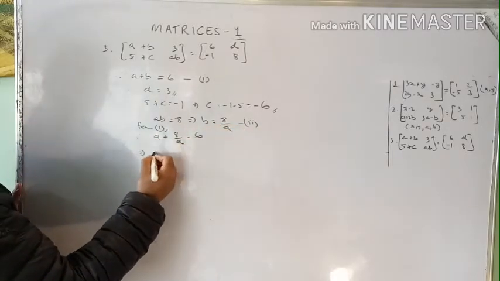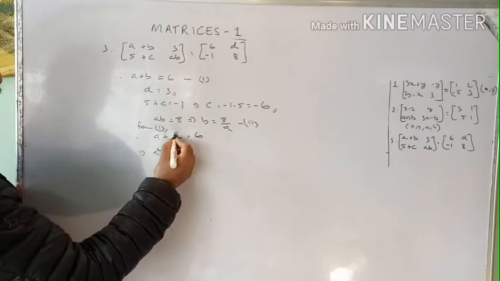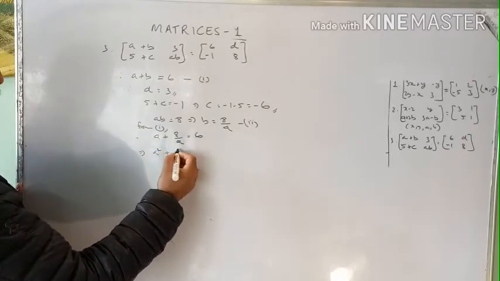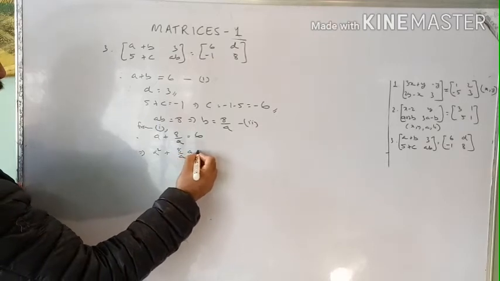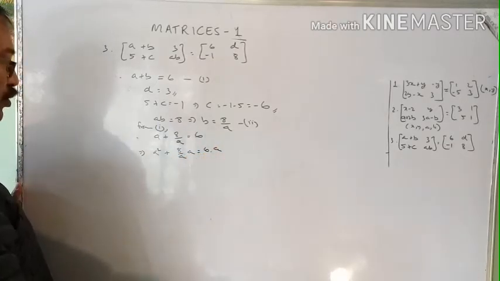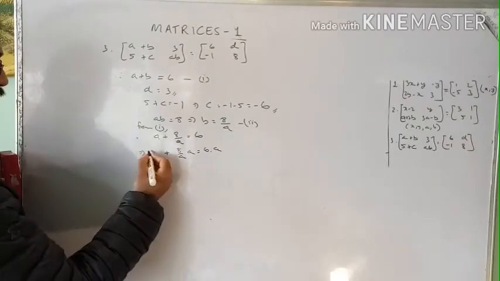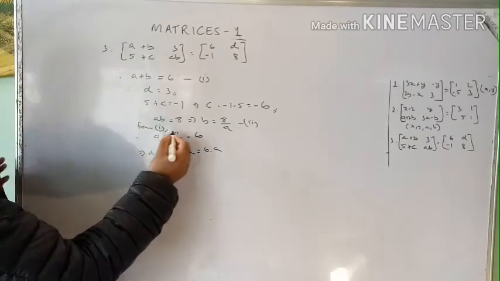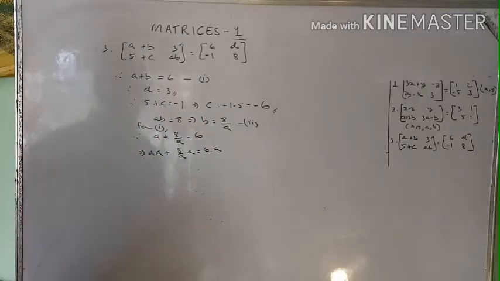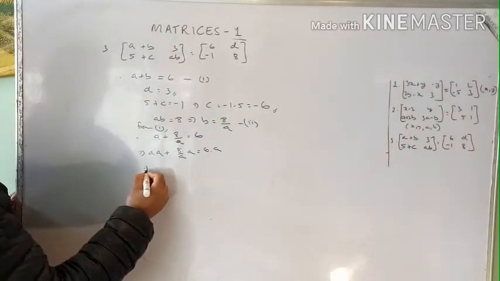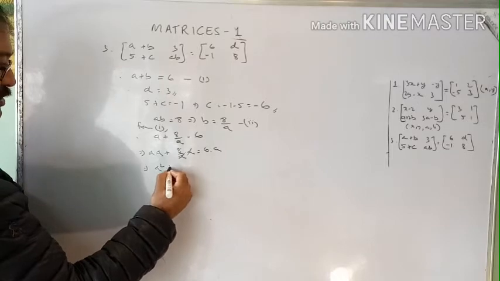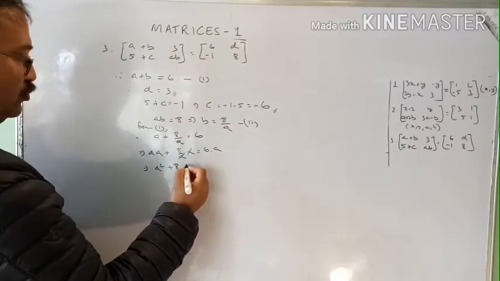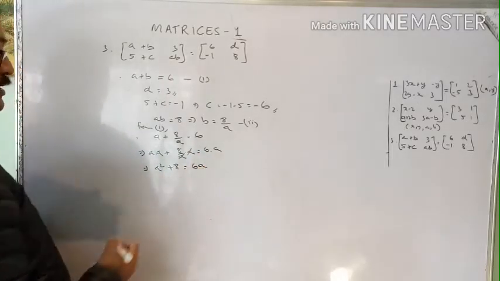Each term is multiplied by a, so a into a is a square, 8 by a into a is 8, and 6 into a is 6a. So a square plus 8 equals 6a.